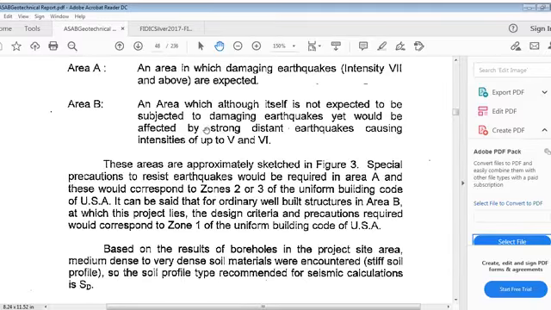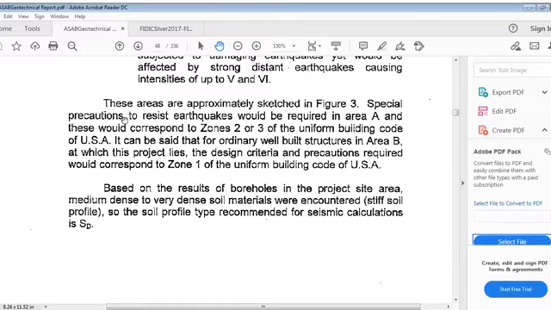Area B is an area which, although itself not expected to be subject to damaging earthquakes, would be affected by strong distant earthquakes causing intensities of up to 5 and 6. These areas are approximately sketched in Figure 3.